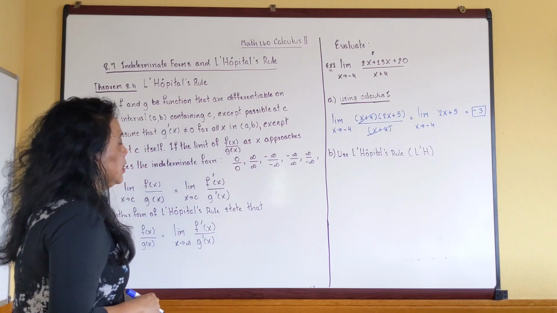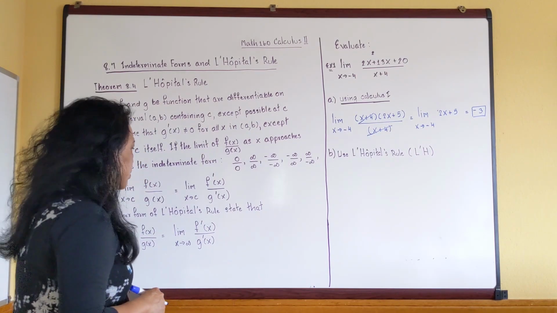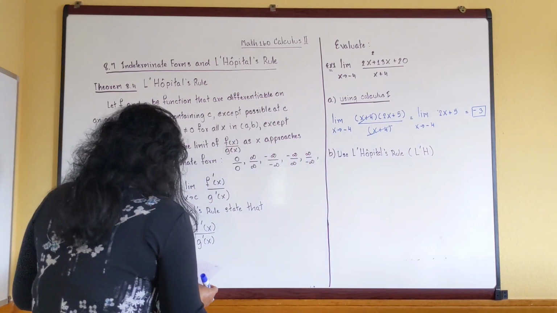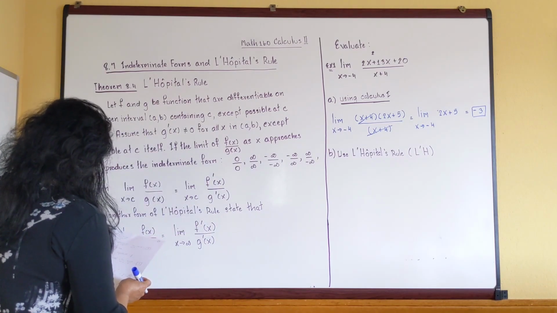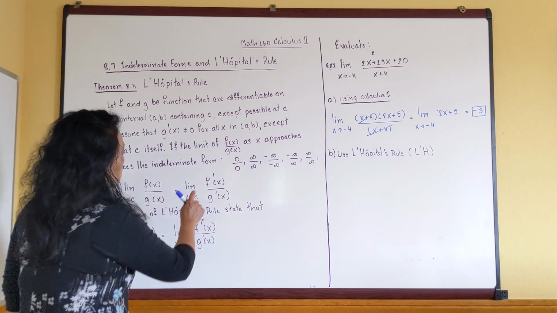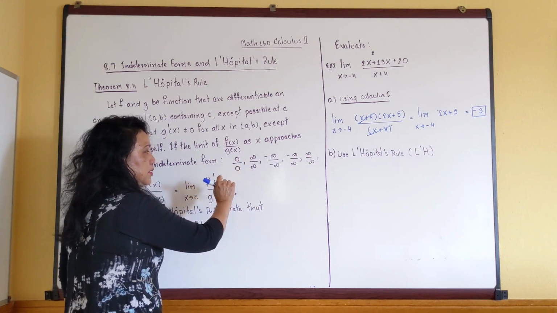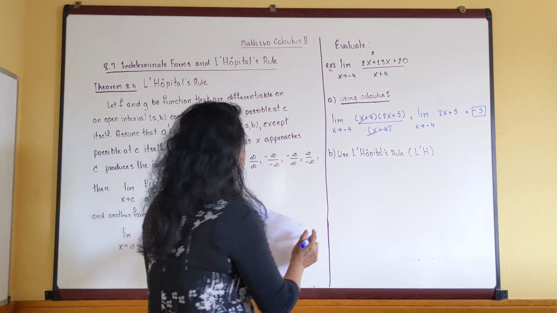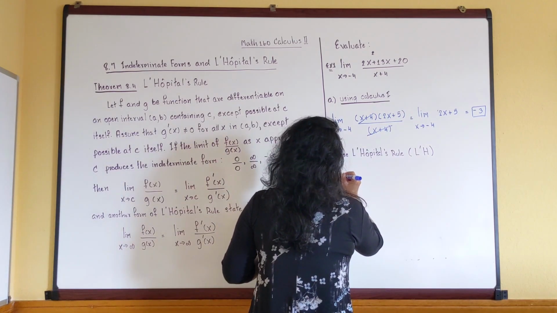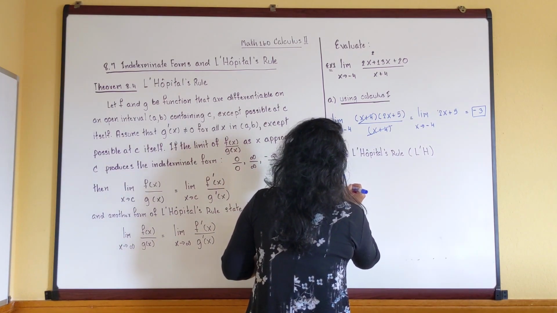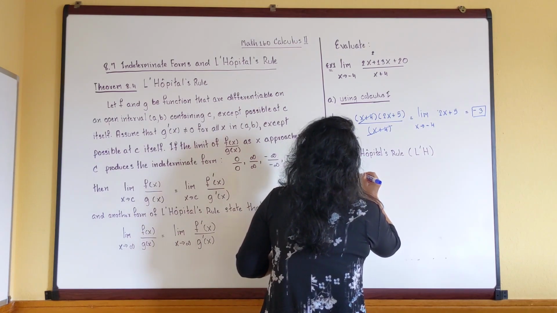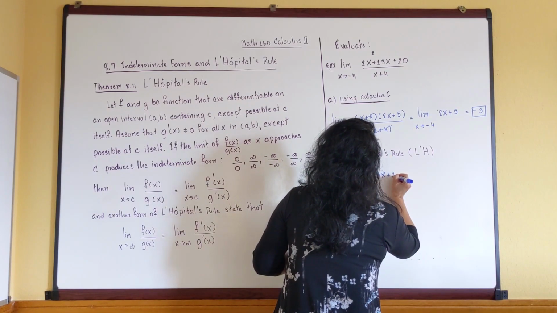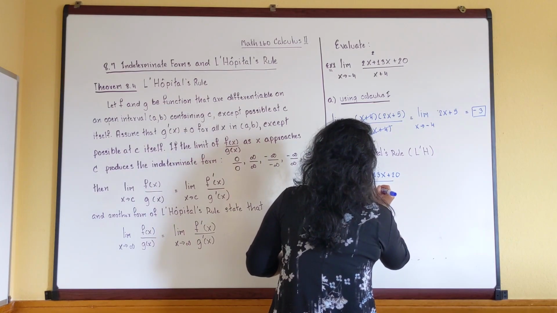Now, let's see if I want to apply the L'Hopital rule. I'm going to use this notation instead of writing everything out. First thing, you have to check the condition. You have to make sure that it's either 0 over 0, infinity over infinity, or negative infinity and so on. So let's look at the original expression: limit as x approaches -4 of 2x squared plus 13x plus 20 over x plus 4.